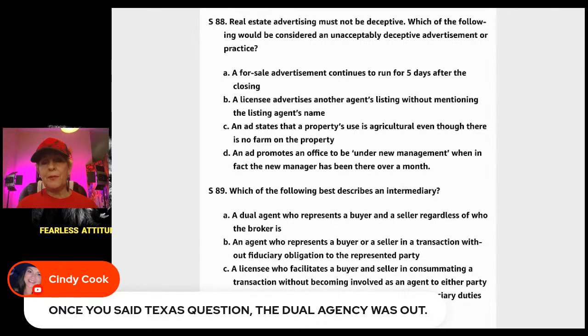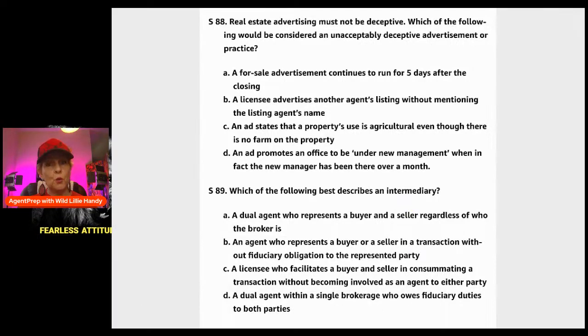Well, yes, but keep in mind, Cindy, that these are questions meant for Texas, right? And in Texas, we use intermediary. In other states, they use dual agent, where a broker is a dual agent. But Texas and other states that have intermediary only represent one client, so they're not called dual agents.